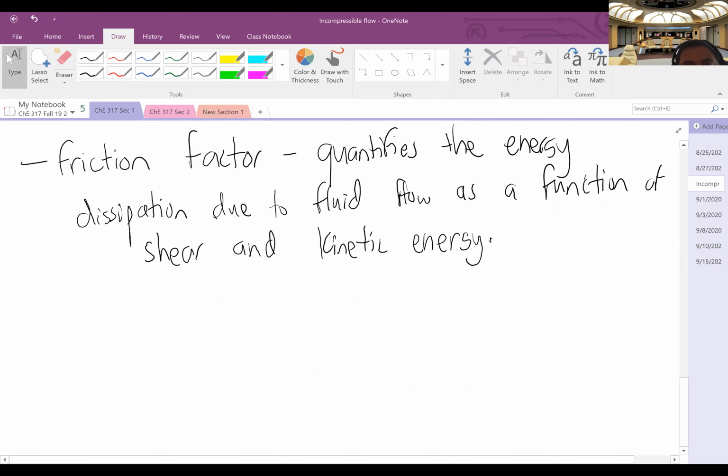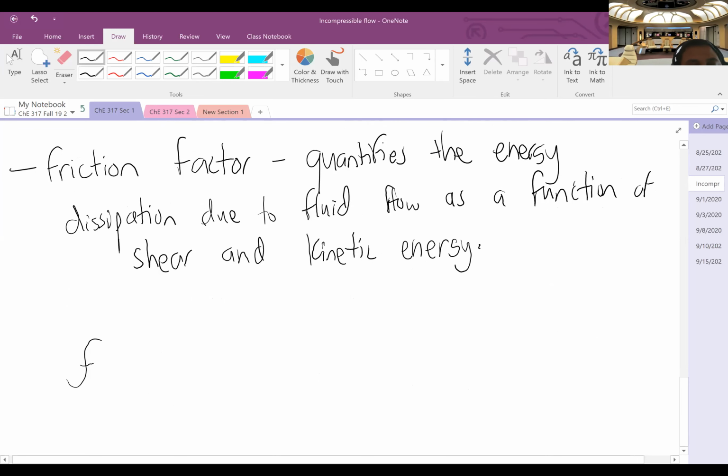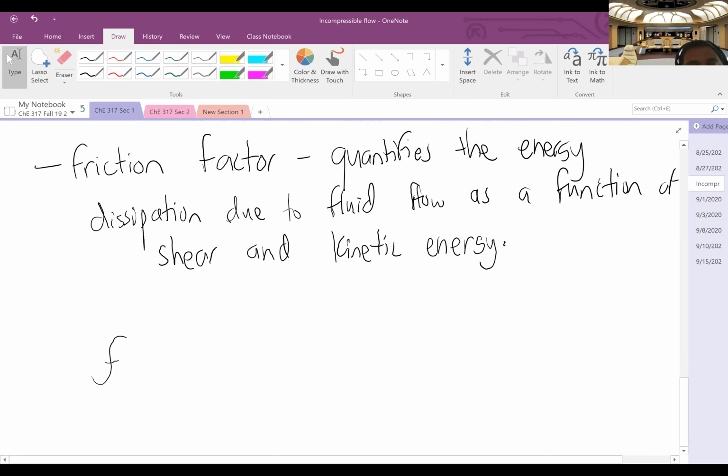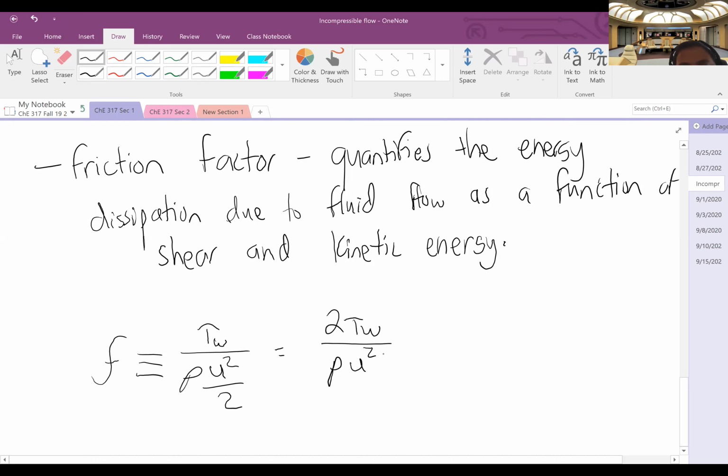We designate this value as f, like fancy lowercase f, as opposed to fancy uppercase F, and it's defined as shear stress divided by fluid density times the flow velocity squared over 2, which if I rearrange this, I simply have 2 times the shear stress over density times velocity squared.